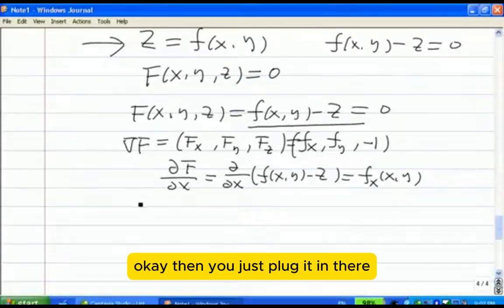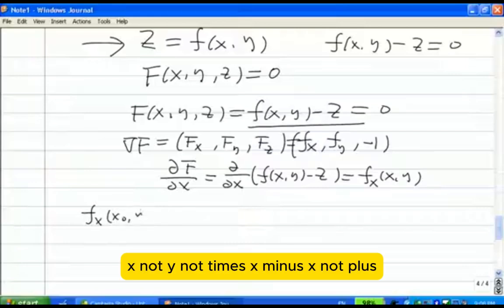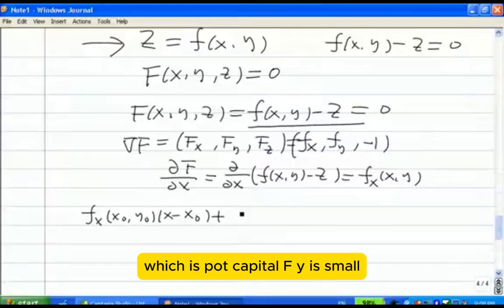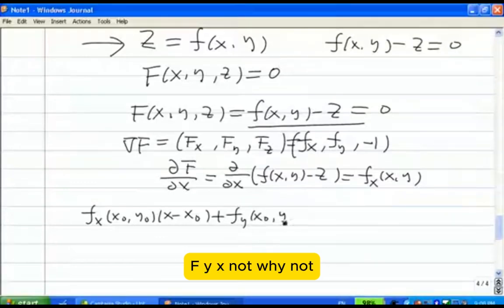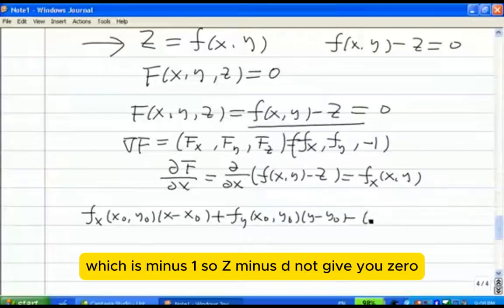Then you just plug in there. You get fx(x0, y0) times (x minus x0), plus capital Fy, which is small fy(x0, y0), times (y minus y0), then plus capital Fz, which is minus 1, times (z minus z0), giving you 0.